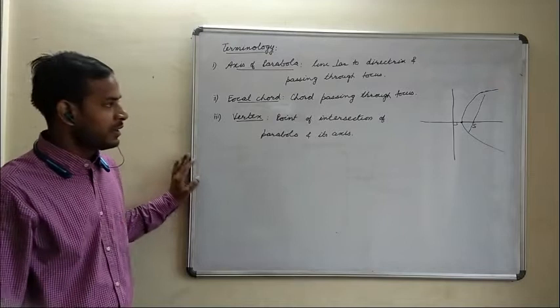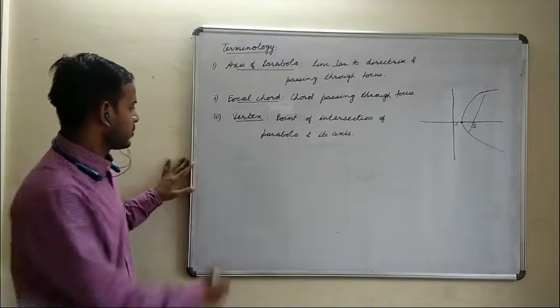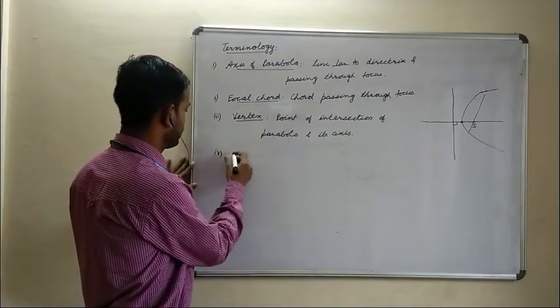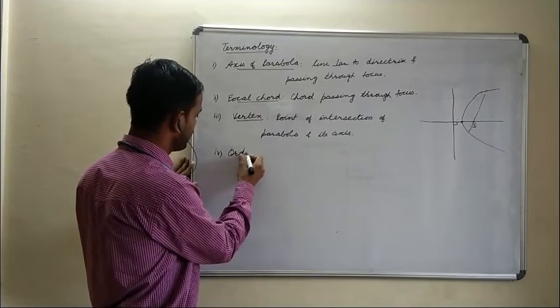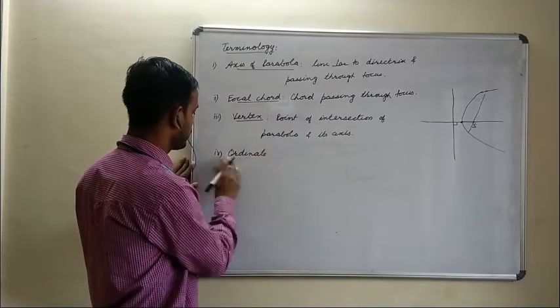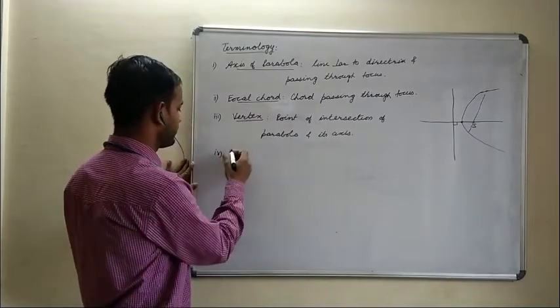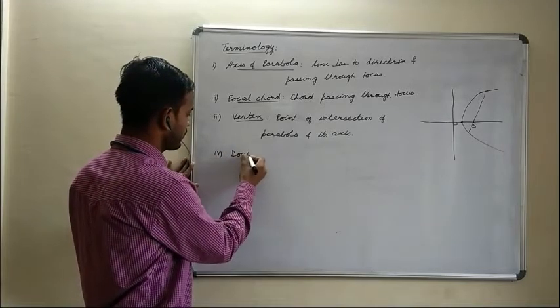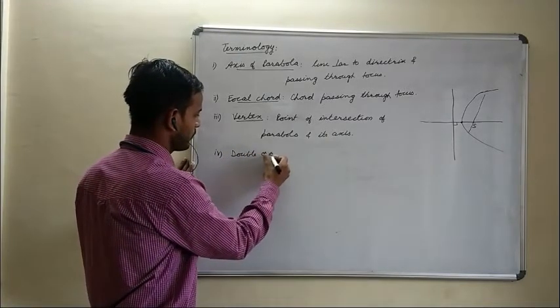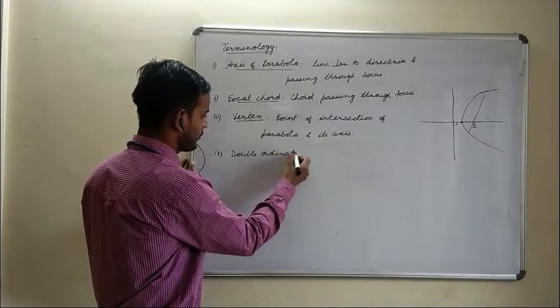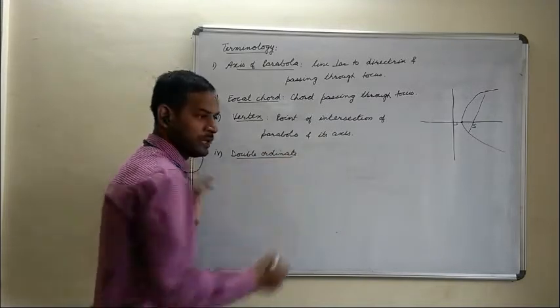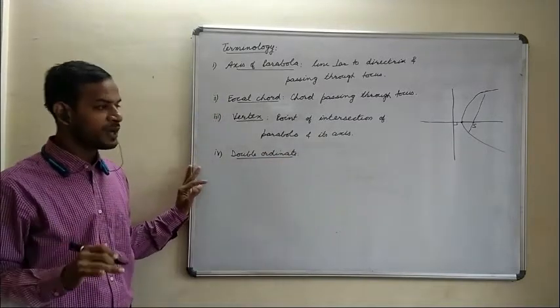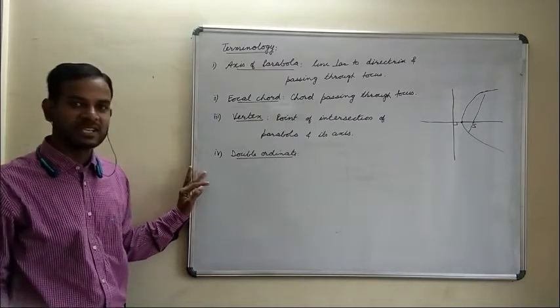Fine. Now the next one is ordinate, or rather double ordinate. So double ordinate is the chord of parabola which is perpendicular to its axis.